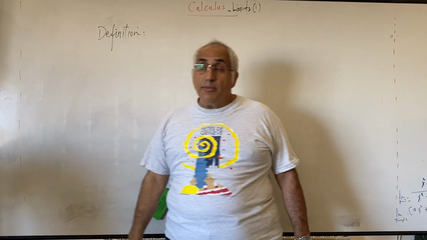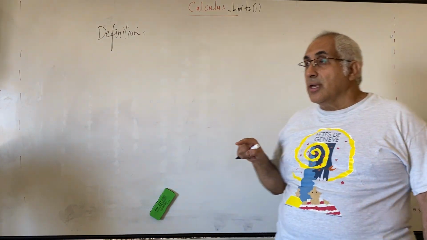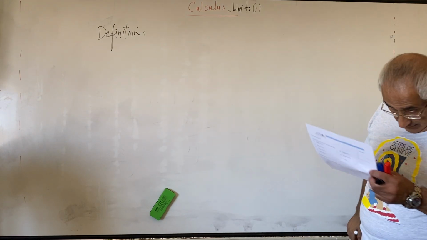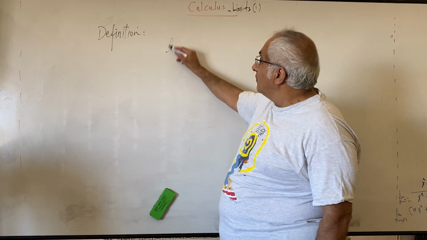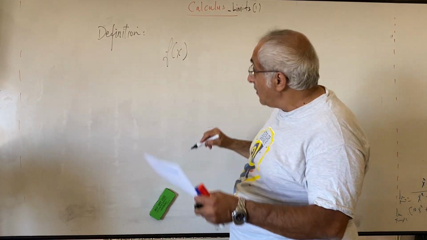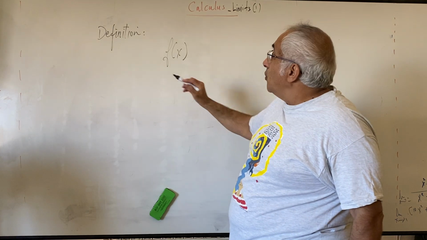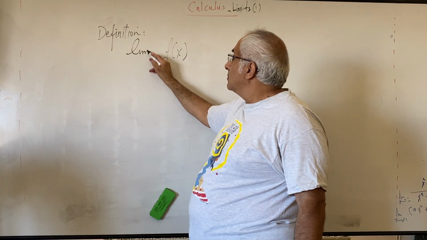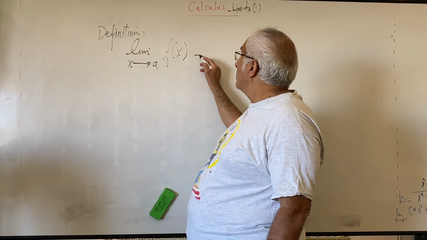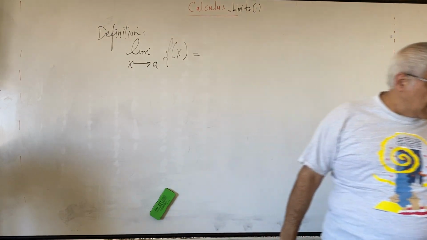I'm going to be using your lecture notes in 1A, 1B. All right? So, suppose we're having this kind of definition. f of x, and let's call f of x any kind of function. So what is the limit of f of x as x approaches a for that kind of function?